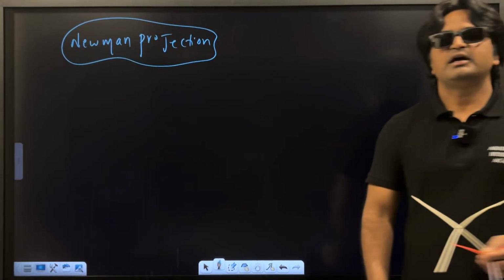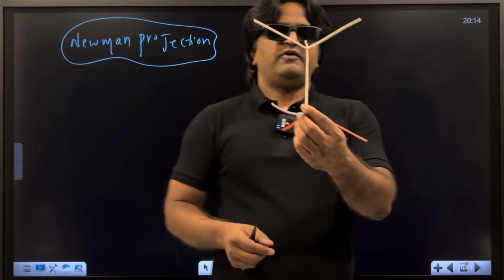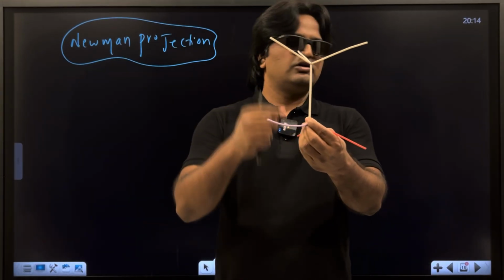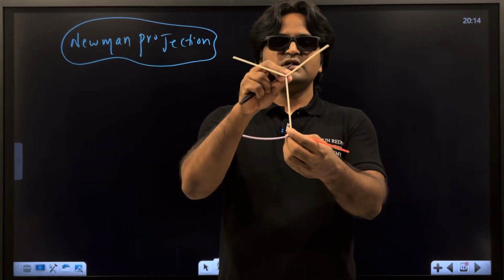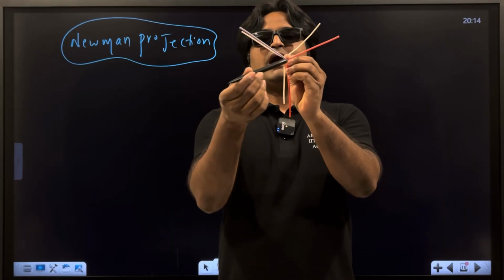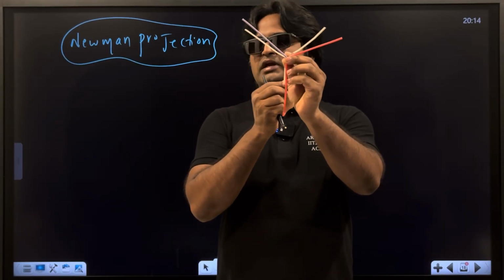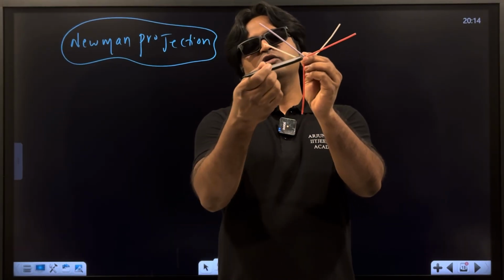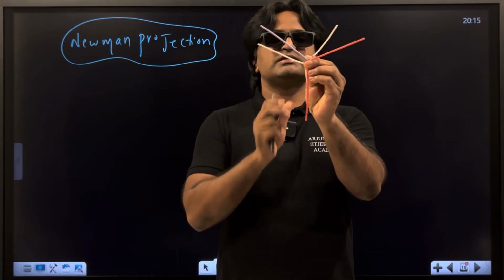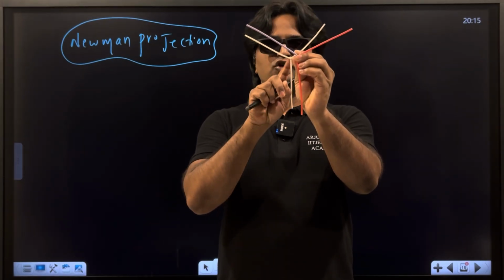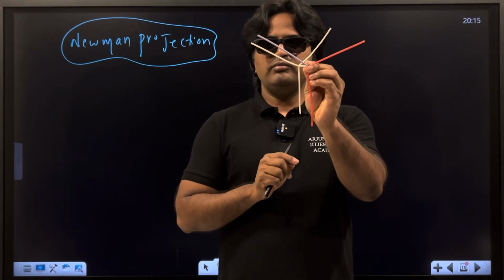Come back to this molecule. If you are looking at this molecule in vertical fashion, that is Fischer. The same molecule, if you are looking along the C-C bond axis, that is Newman. Clear? But what is the problem in Newman?